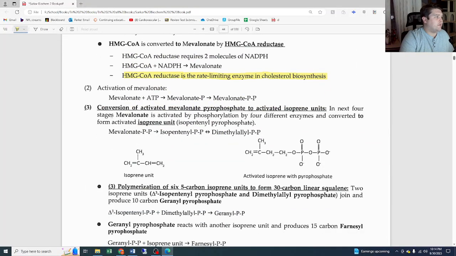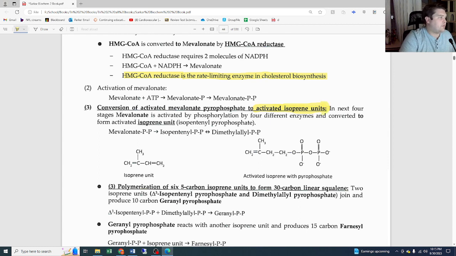Now, the conversion of activated mevalonate pyrophosphate to activated isoprene units. So we talked about what isoprene units are. Those isoprene units, it's just the name for the chemical structures that are going to be at this stage. They're volatile hydrocarbons that are going to be used to eventually create our cholesterol.